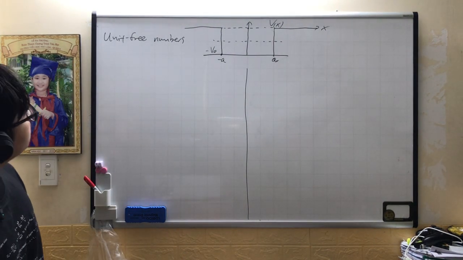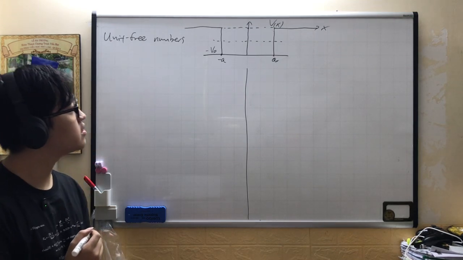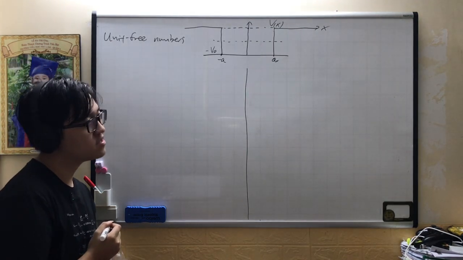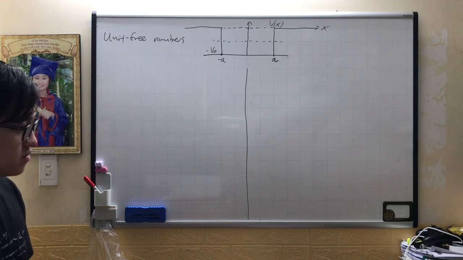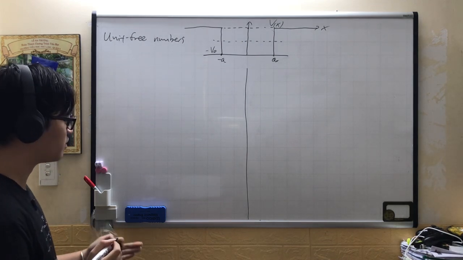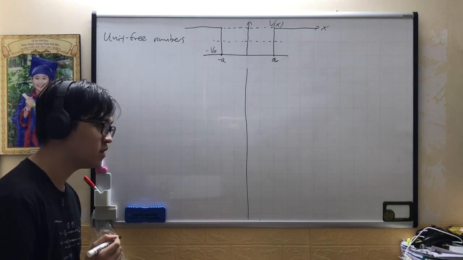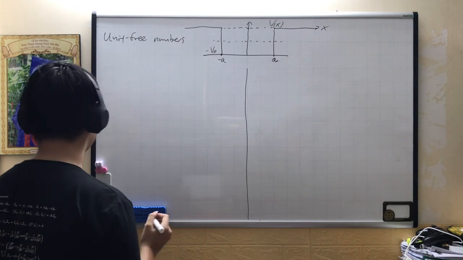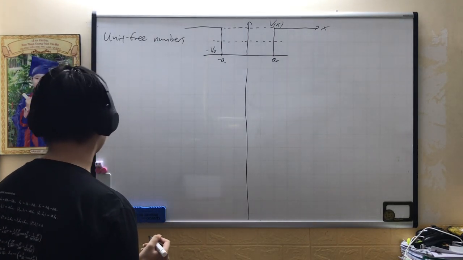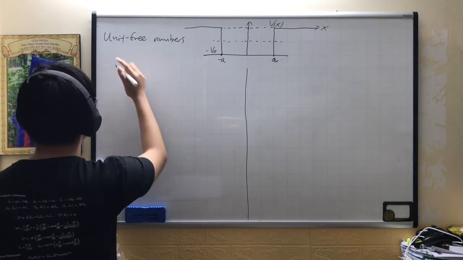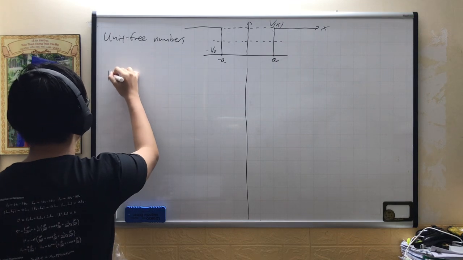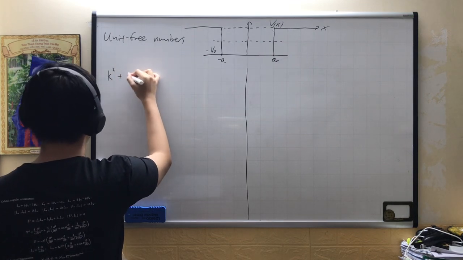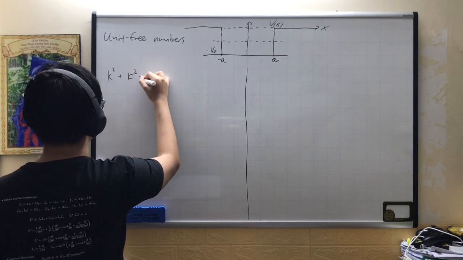To get unit-free numbers in the finite square well potential system, you start by adding the two, K and kappa, squared. So let's do that right here. Let's add these together.